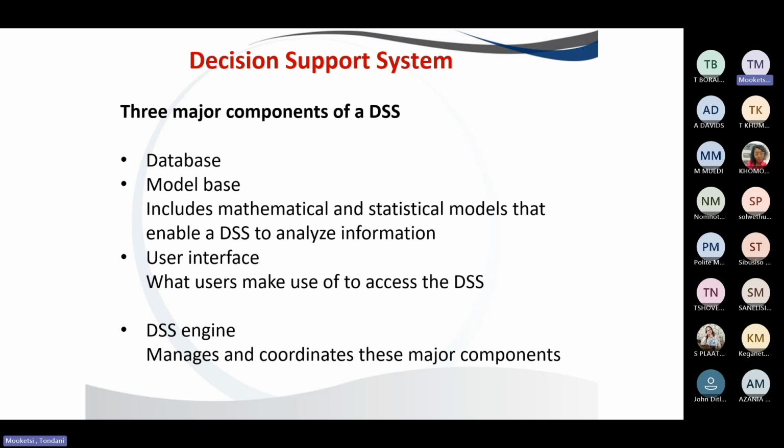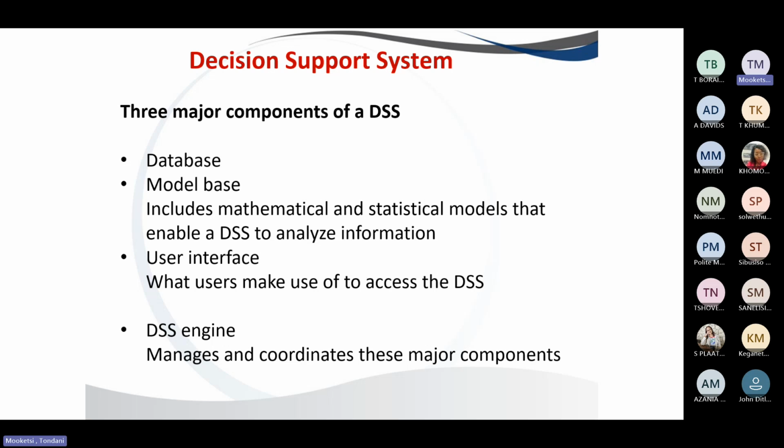So if you remember from the very first class or the second class, where we talked about information systems in business, I'm going to share a slide now. We discussed the major components of an information system.